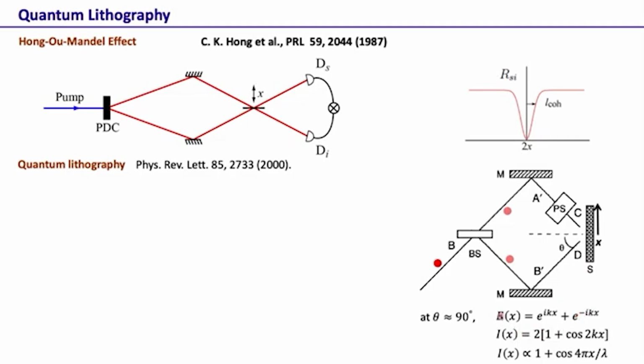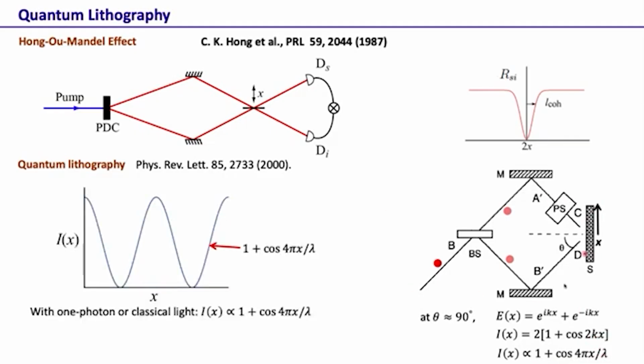And if you put it together and do the absolute square, that gives us the intensity, which is twice 1 plus cosine 2kx. Or we can say that the intensity is proportional to 1 plus cosine 4 pi x by lambda, where we have just written k as 2 pi by lambda. So this is the form of the intensity. If we plot the intensity as a function of x, that is a location on the substrate, then we see that the intensity looks like this, that is 1 plus cosine 4 pi x by lambda.